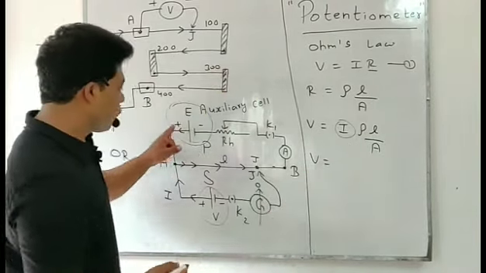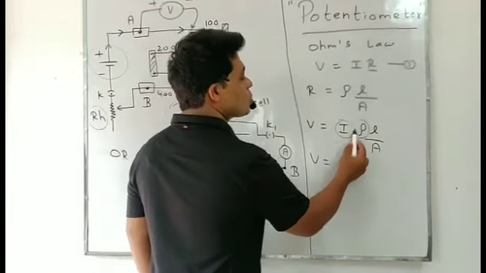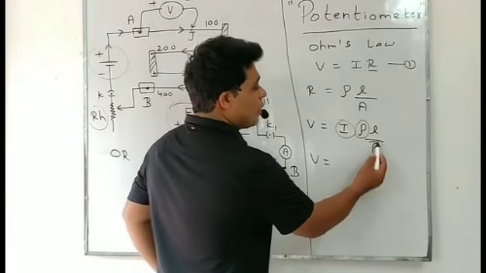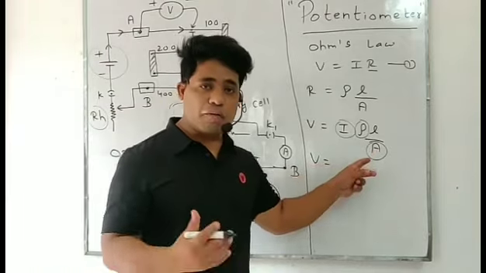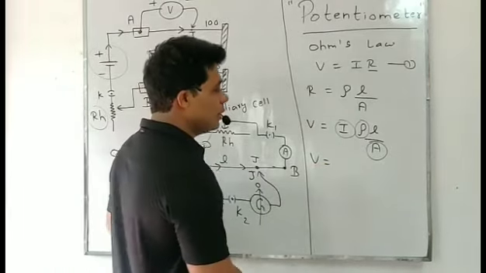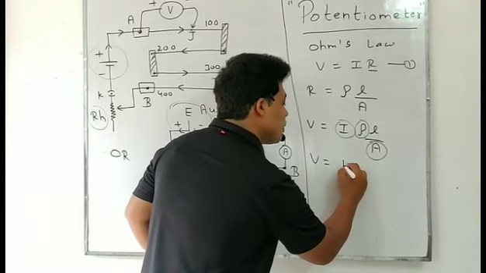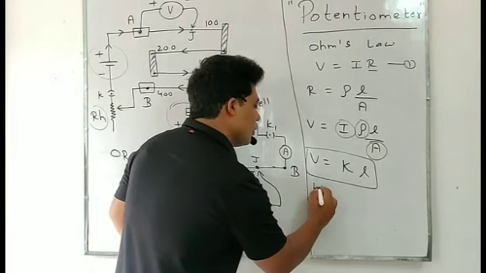Now, students, the important thing: the current I that will flow remains constant. At that time, rho, called resistivity, is also constant. We are using a uniform area of cross section of wire, so the area of cross section also remains constant. In that case, I rho by A is constant, which we will assume as K, and what remains is L. So we got the formula V equals KL.